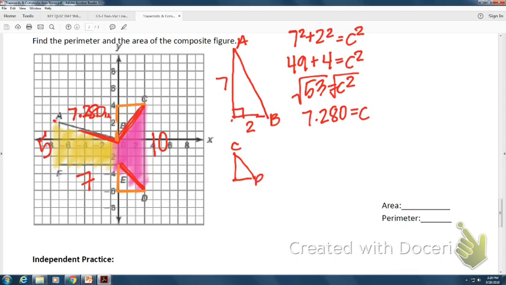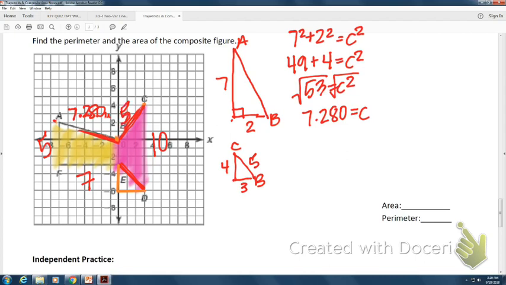What is the length of my 2 legs for CB? 4 and 3, so what's CB? Should know your triple. 3, 4, 5. Okay, so we know this one's 5.